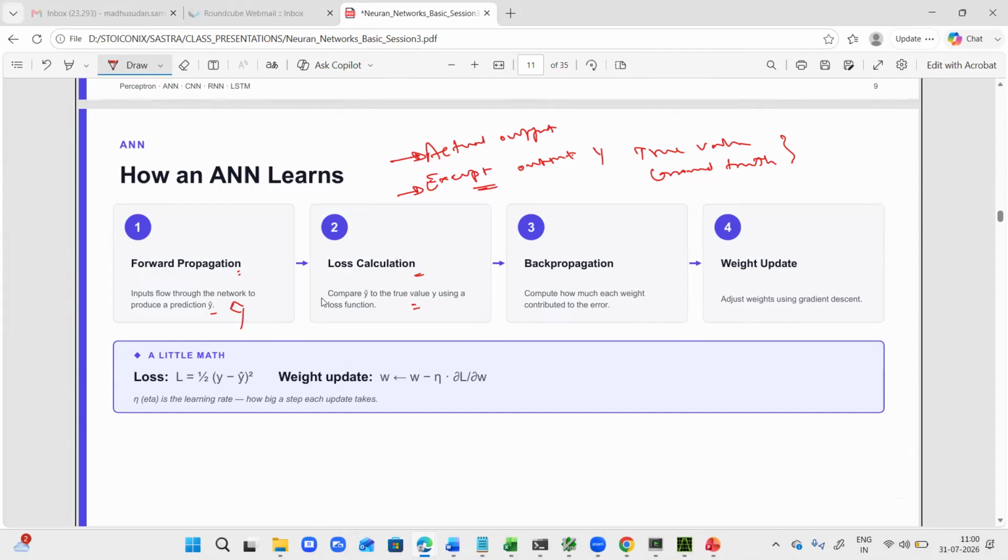And then you need to make up for this loss, right? Now you go back and fine tune the weights once again, so that you get the expected output. But how do you adjust the weights? That happens through a process called back propagation.